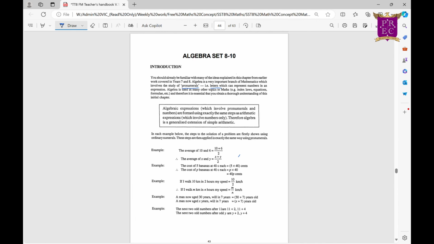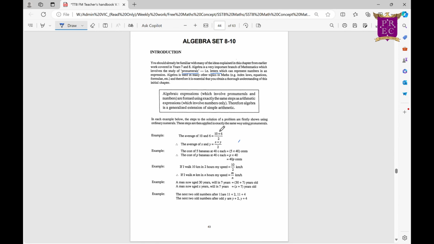Now, algebra is an incredibly important area of maths. It will come up a lot, especially in the later years of maths, but even things like science. And so it's incredibly important that you understand the basics of algebra.